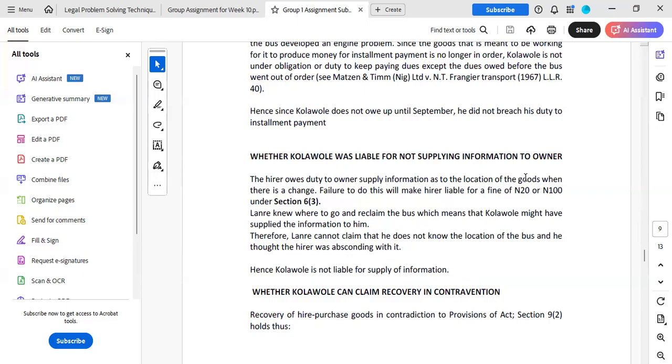From there, you have a submission which addresses the question you raised, whether this person is liable. At the end of the day, you may say the person is not liable, or the person is liable, or your answer might go two ways, depending on the facts of the case.